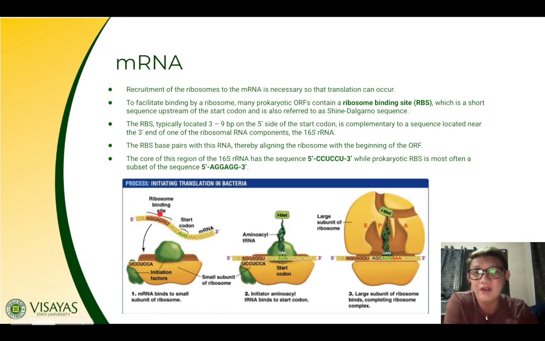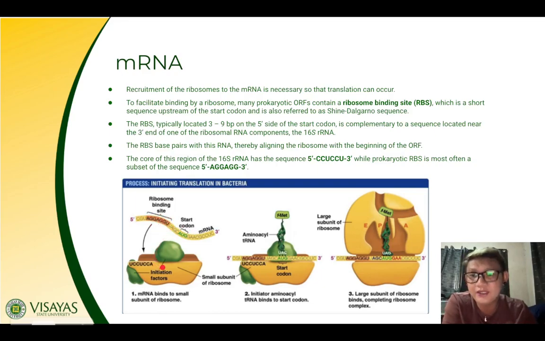This is complementary to a sequence located near the 3' end of one of the ribosomal RNA components, the 16S rRNA. So the RBS base pairs with this RNA, thereby aligning the ribosome with the messenger RNA at the beginning of the ORF.